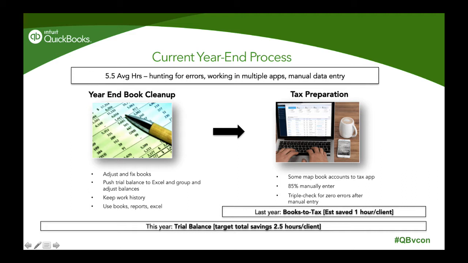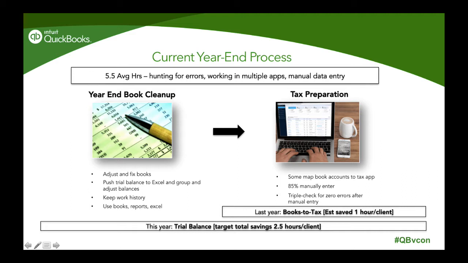And then when it comes to tax preparation, about 80% of tax preparers actually transcribe the data from the final trial balance into the tax software, which is probably the one that takes the most time. And then there is a specific process for just checking and double checking that the net income matches, that all the assets match, that the balance sheet matches, that sort of thing.